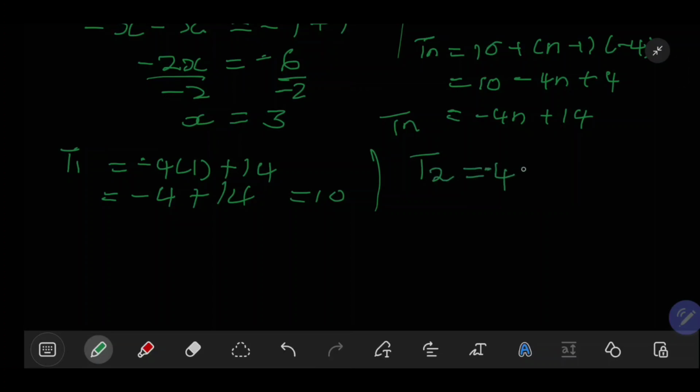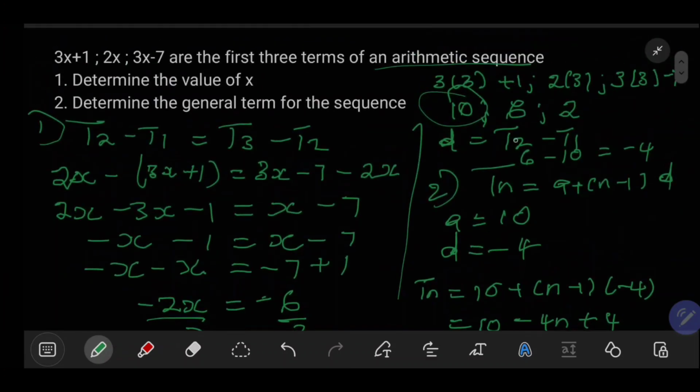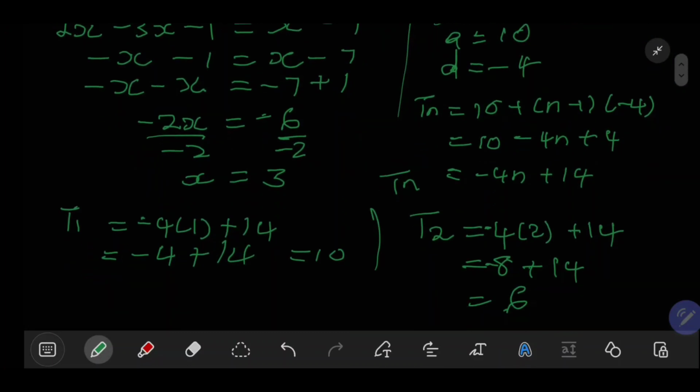Then we're going to have negative 4 into 2 plus 14, so negative 8 plus 14, and you notice that the answer is 6. So you can see that it's giving you the exact terms. So this is how we answer questions like this. Okay, so we can do a couple of exercises so that you can strengthen this concept. Okay, so we can look at another example now.